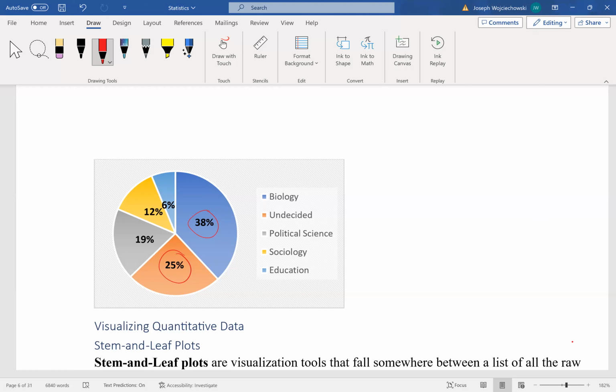And that's how it works. Sometimes you'll have a key telling you what each color is. Sometimes it might just say in here, biology, undecided, depending on how it's made.